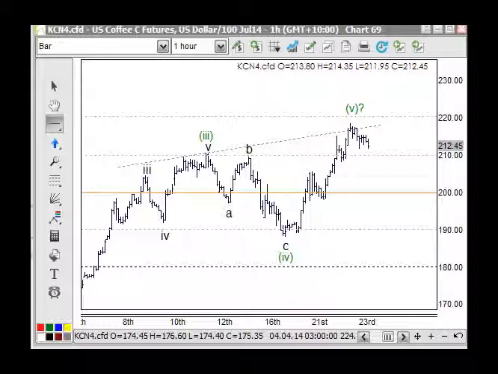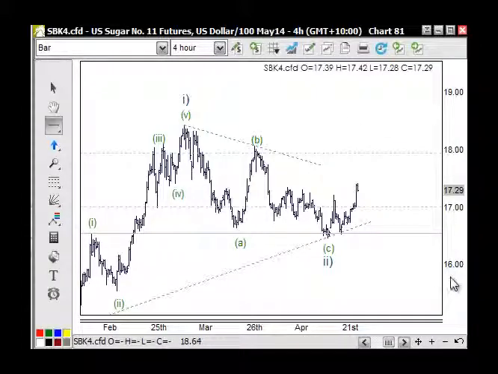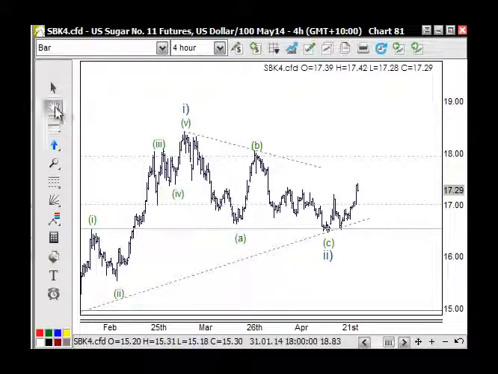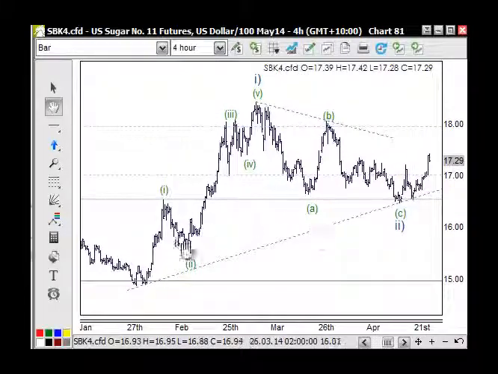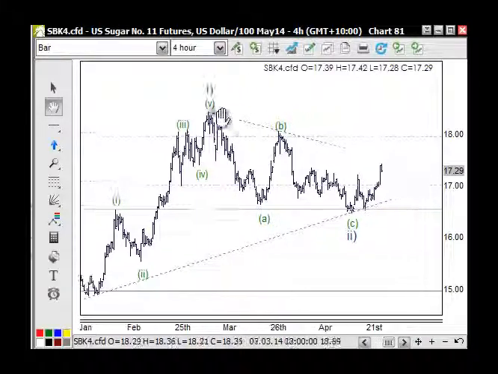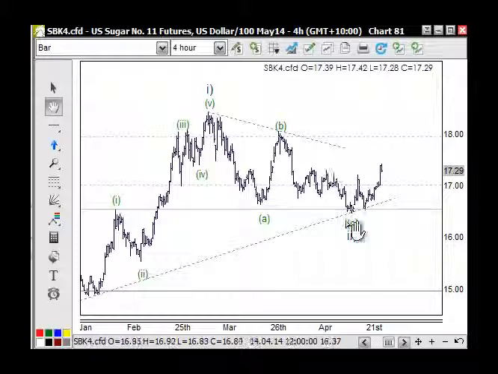Alrighty, after coffee is sugar, so to speak. Right, 4-hour chart here. What we're looking for with sugar is from its low, $15, we're looking at 1, 2, 3, 4, 5 for wave 1. And then we're tracking the A, the B, and the C here.